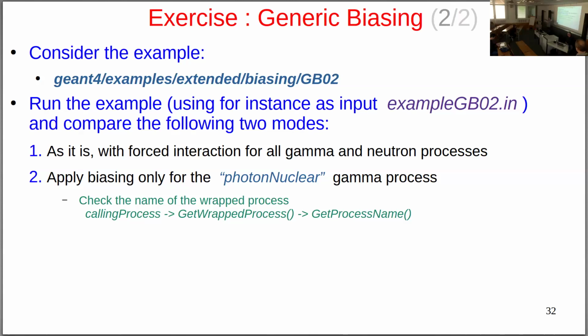For instance, in a hadronic calorimeter, which is typically a meter and a half of material, you don't need any, naturally everything will be stopped. So it is really typically when you want to have an inelastic hadronic interaction in something of the order of a millimeter or even smaller.